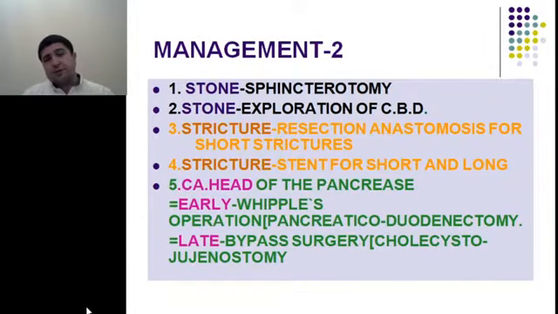Pancreaticoduodenal resection is a resection of the head of the pancreas, cholecystectomy, resection of part of the stomach, and resection of part of the common bile duct with applying anastomosis. So it's a very big radical operation for cancer of the head of the pancreas.